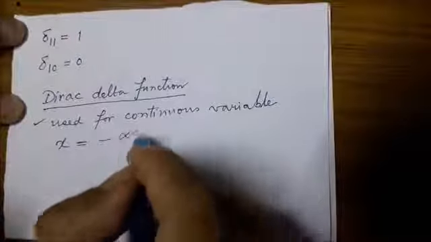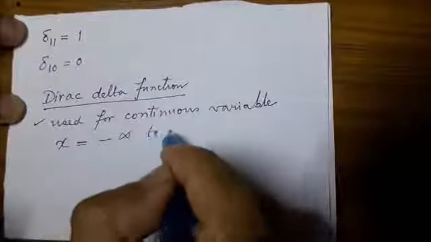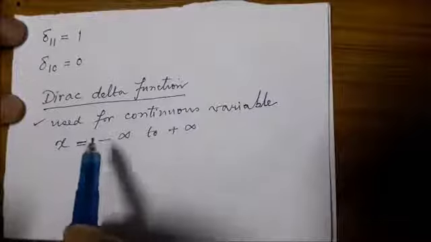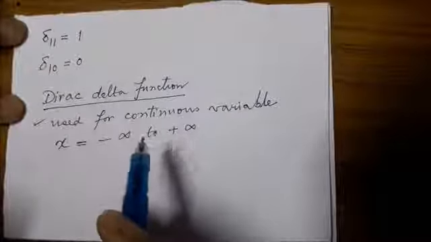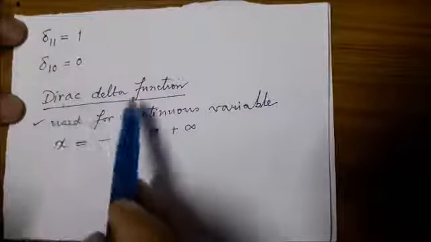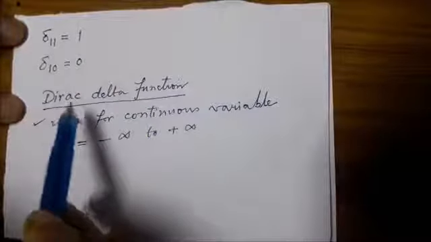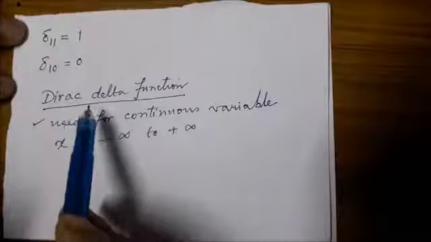Suppose it varies from minus infinity to plus infinity. Under this situation we cannot use Kronecker delta symbol, but we have to use Dirac delta function. Now what is Dirac delta function? We will discuss in a separate video in detail.